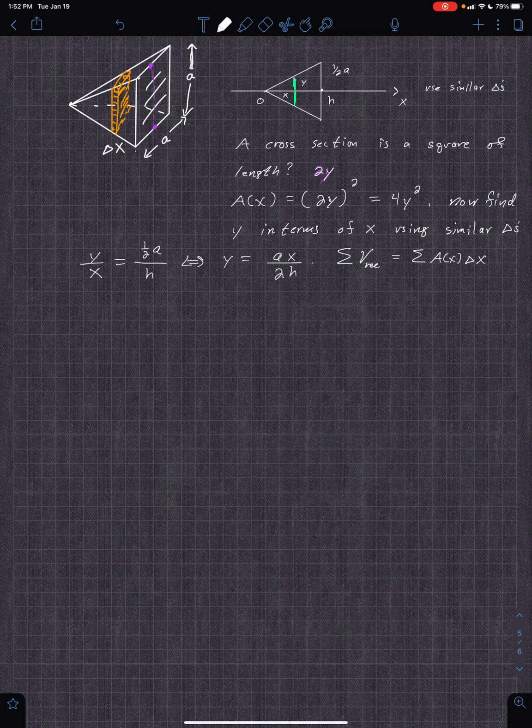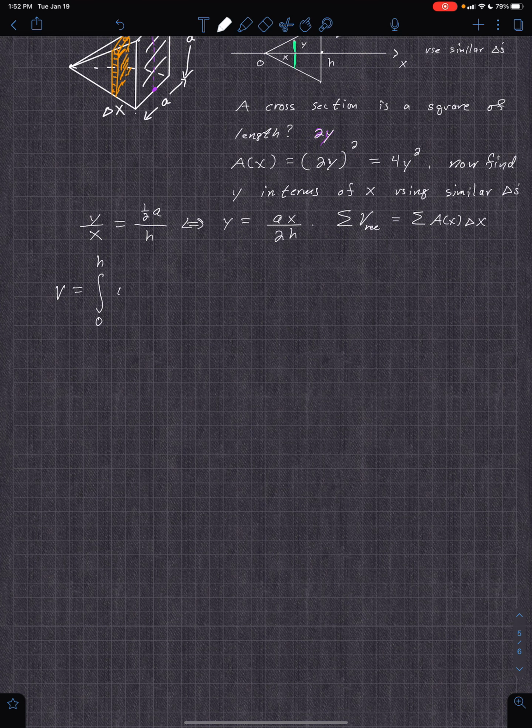So what you get then is you integrate that. So volume is the integral from 0. Now, where are you going? You're going from here to h along your x. So that's 0 to h. And then it's 4 y squared dx. And so you substitute in for y.